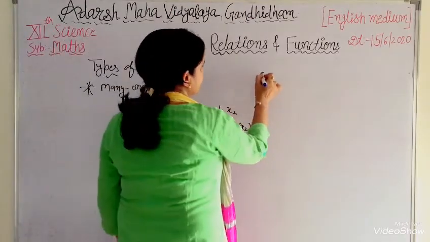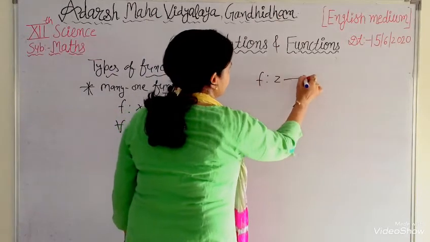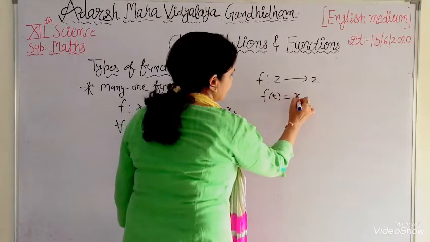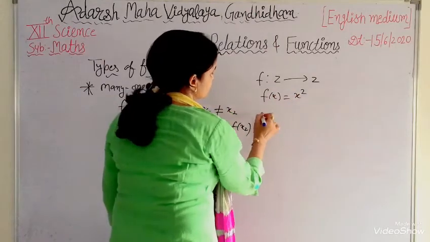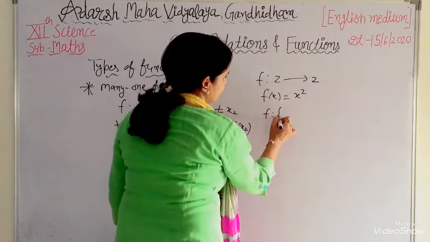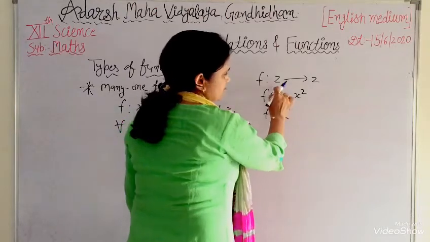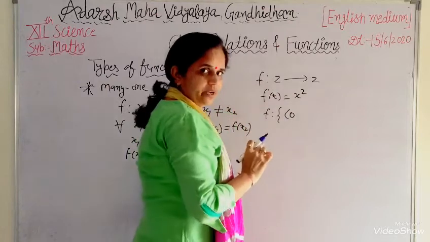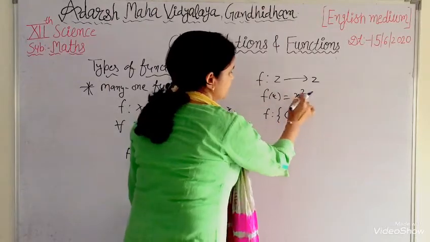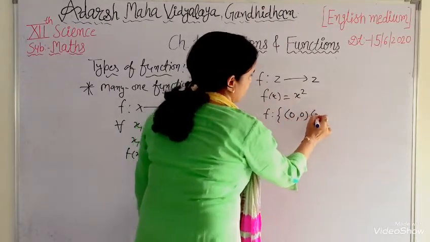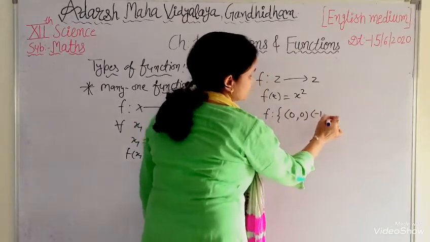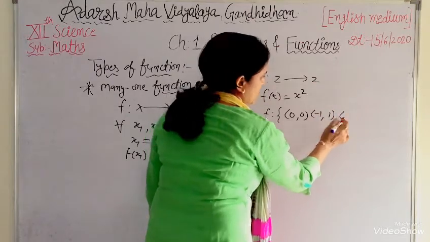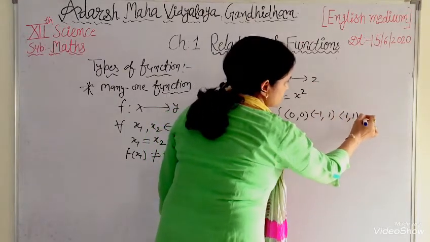Take an example. f from Z to Z, f(x) is defined by x square. Okay, student, then write f in listing form. Z is the set of integers. I am taking 0 in place of x. Then image of 0 is 0. Image of minus 1 is 1, square of minus 1 is equal to 1. Image of 1 is also 1, student.